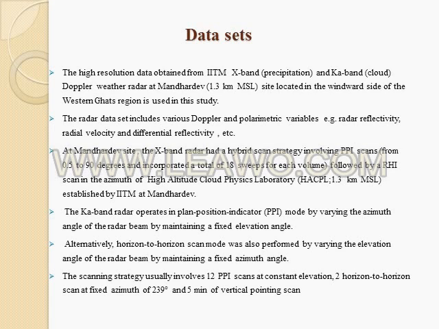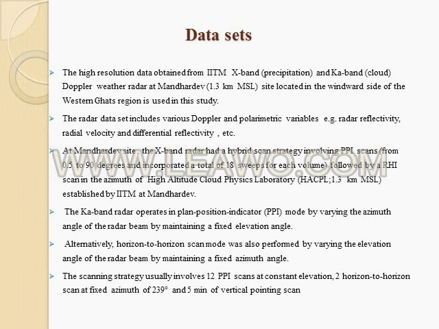And the radar data includes various Doppler and polarimetric variables like radar reflectivity, radial velocity, and differential reflectivity. And the K-band radar operates in PPI mode. PPI mode, that is plan position indicator mode, varies the azimuth angle of the radar beam while maintaining a fixed elevation angle.